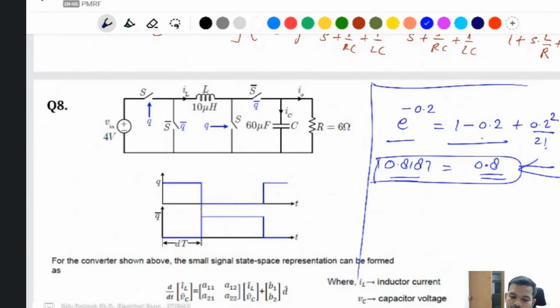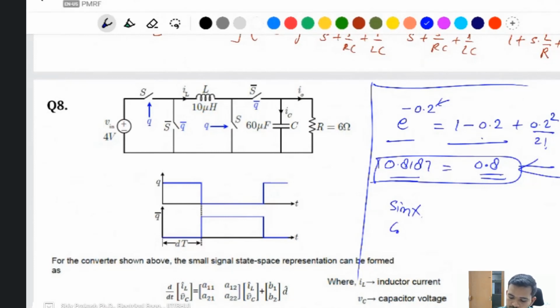This is a Taylor series expansion. It converts the non-linear term to a linear term, like sin x, cos x, tan x, all of which you can convert into linear terms. So the Taylor series is used to convert non-linear to linear, but there is a limitation: x should be less than 1.